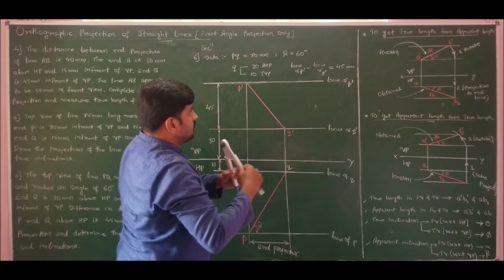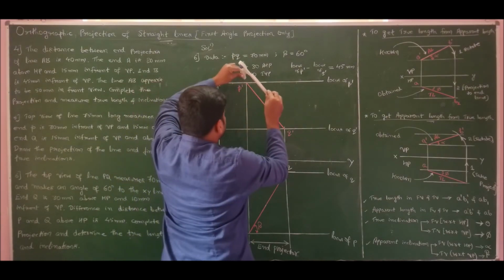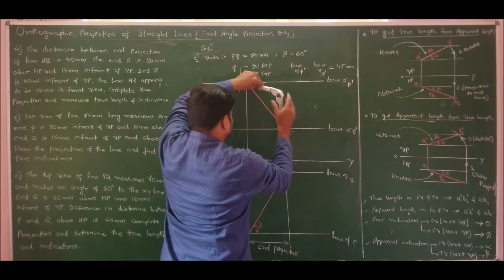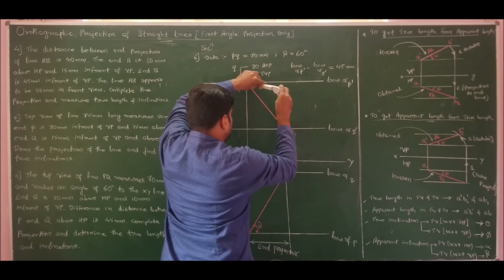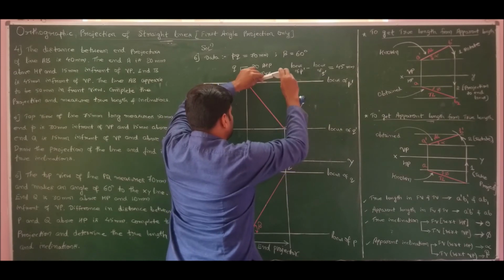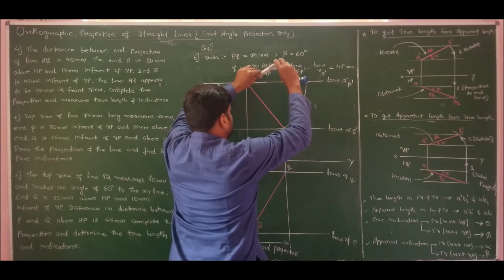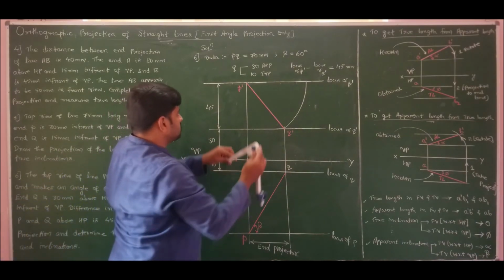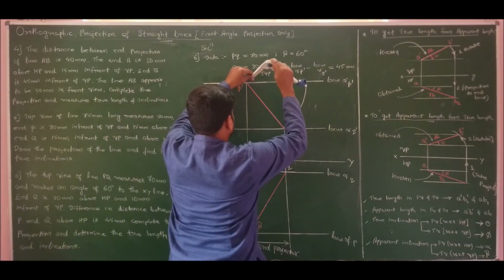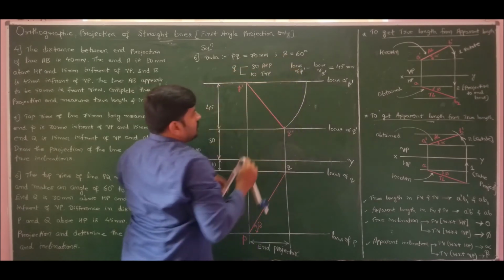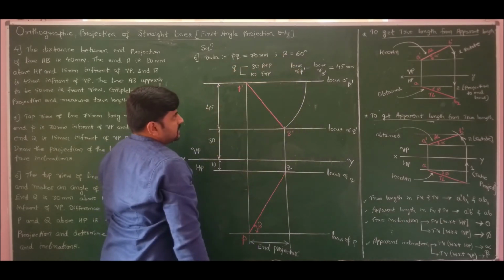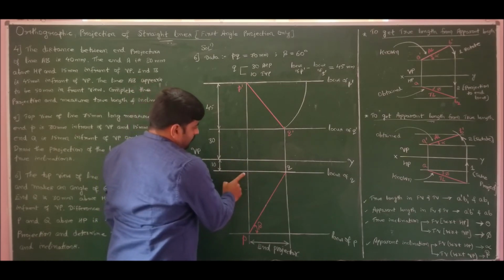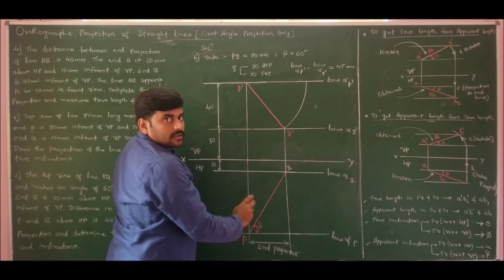So now, to get true length from apparent length, first I should make the apparent length parallel by rotating it. So fixing P, I'll rotate Q and make it parallel. Now in the top view also I can do the same, or else determine the true length in the top view and then measure the true length.